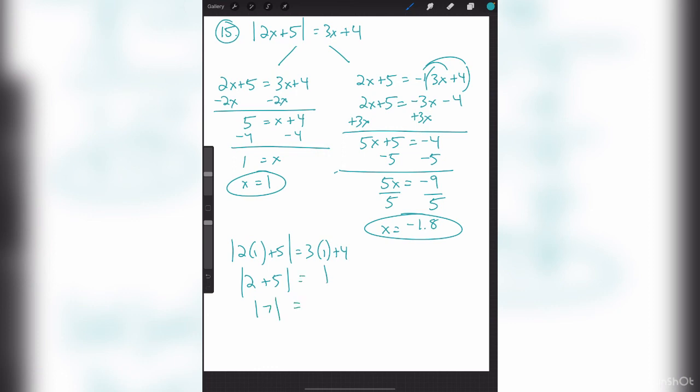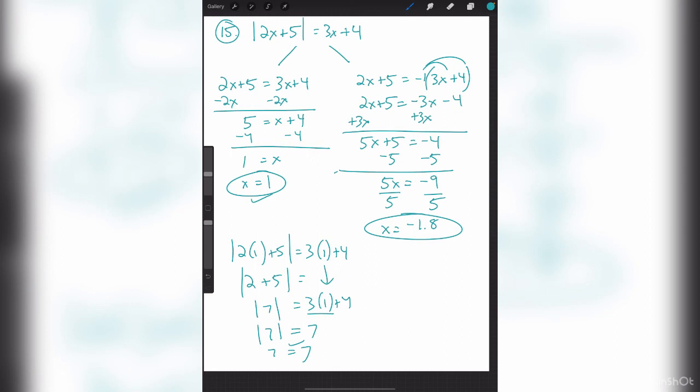I'm bringing all this down, saying 3 times 1 plus 4. 3 times 1 is 3, plus 4 is 7. What's the absolute value of 7? Gives me 7. Is 7 equal to 7? Yes, it is. So I know that this answer is correct.